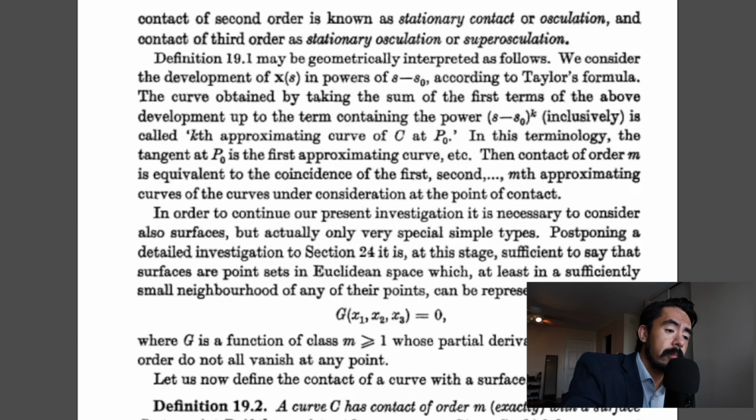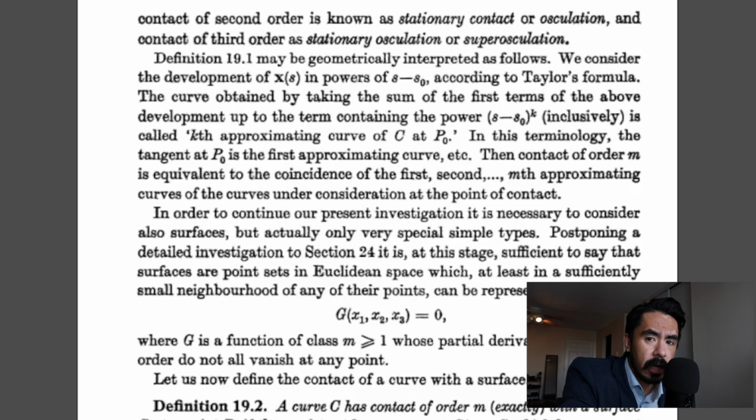Definition 19.1 may be geometrically interpreted as follows. We consider the development of x of s in powers of the quantity s minus s naught, where s is a variable and s naught is a particular arc length that these vector parametric representations are being evaluated at, namely the point of contact itself, P naught, which is a point on the curve C and C star.